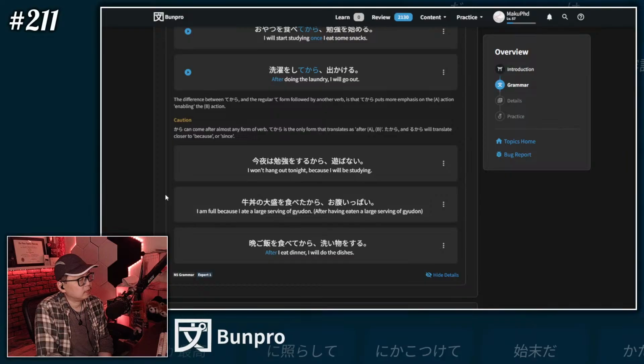Kara can come after almost any form of word. Tekara is the only form that translates as after A, B. Akara and Rukara will translate closer to because or since. Takara, because is fine. Since, I don't think.